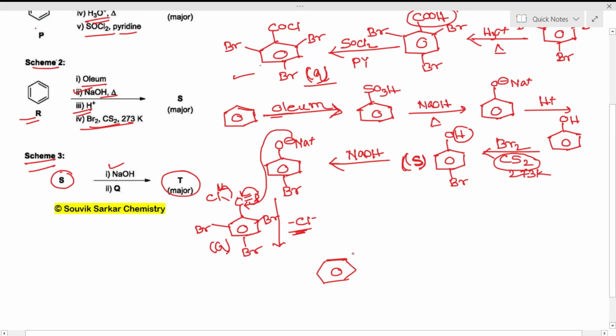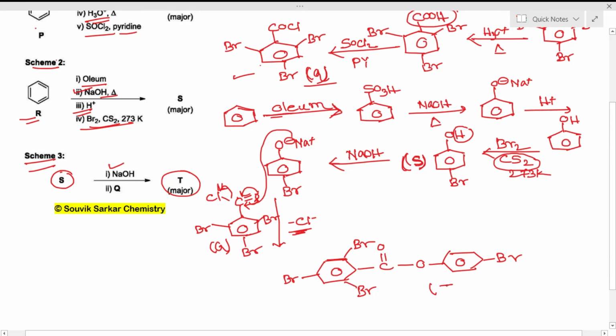It will have 3 bromines as usual, 1 carbonyl group, the ester oxygen, and this is our bromine here.